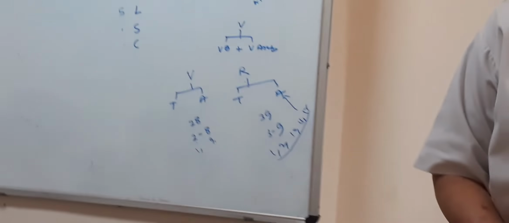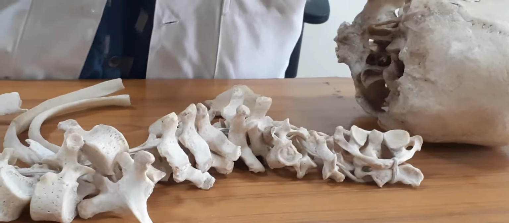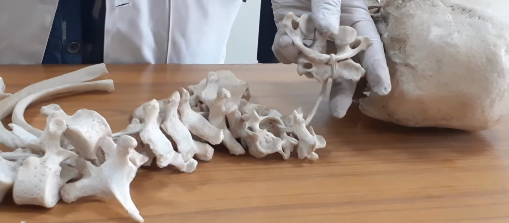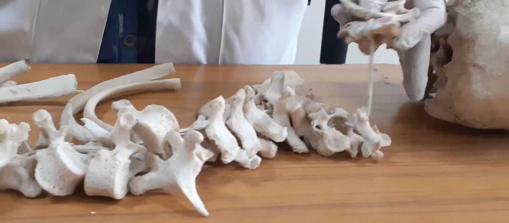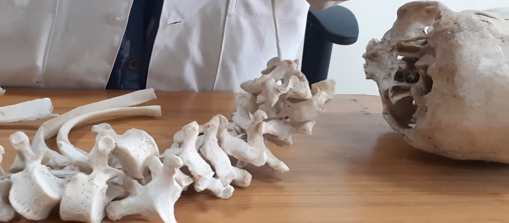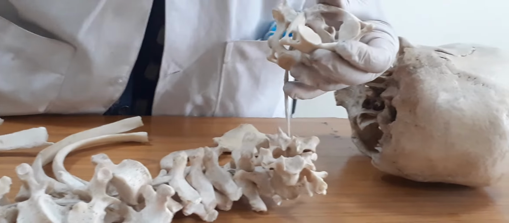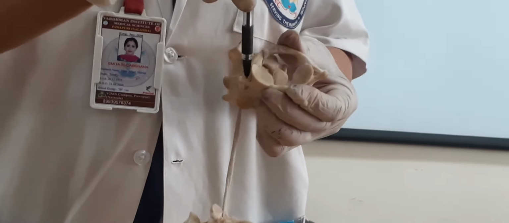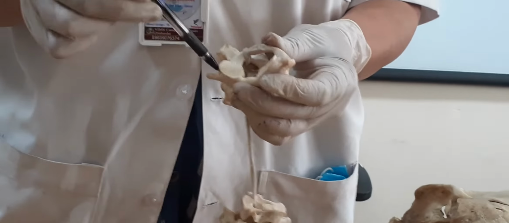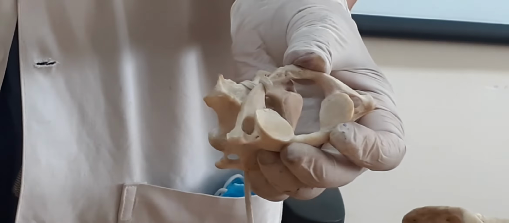Now the vertebra, they are differentiated. The cervical, thoracic, lumbar, they are differentiated on the basis of few characteristic features. All 7 cervical vertebra have one foramen in the transverse process, known as foramen transversarium.